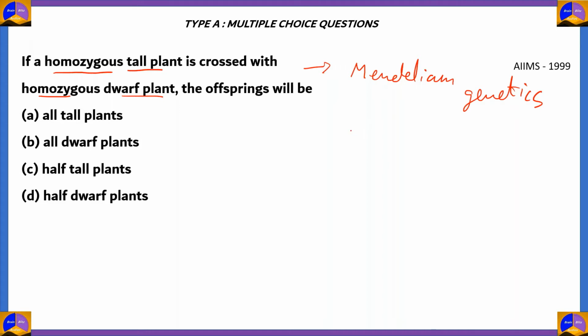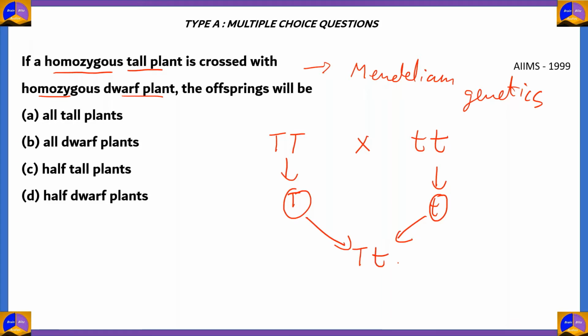So when we're taking a monohybrid cross in Mendelian genetics, we have a homozygous tall plant represented by capital T, crossed with a homozygous dwarf plant, which is represented as small t. So this produces a tall gamete. This produces a dwarf gamete. So both of these alleles are present in different gametes. And on crossing, you get Tt.